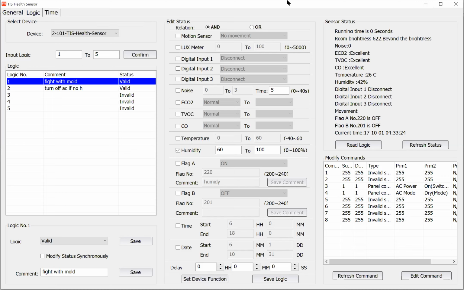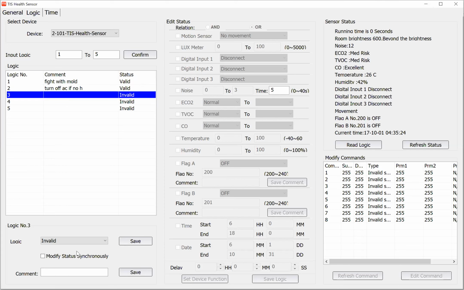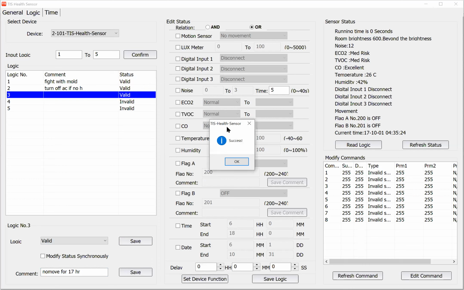Also, I think it's better we add another logic. Here, I want a logic: no movement for 17 hours. Okay, here. I said if we don't have any motion for 17 hours, it means that no one is in the home.